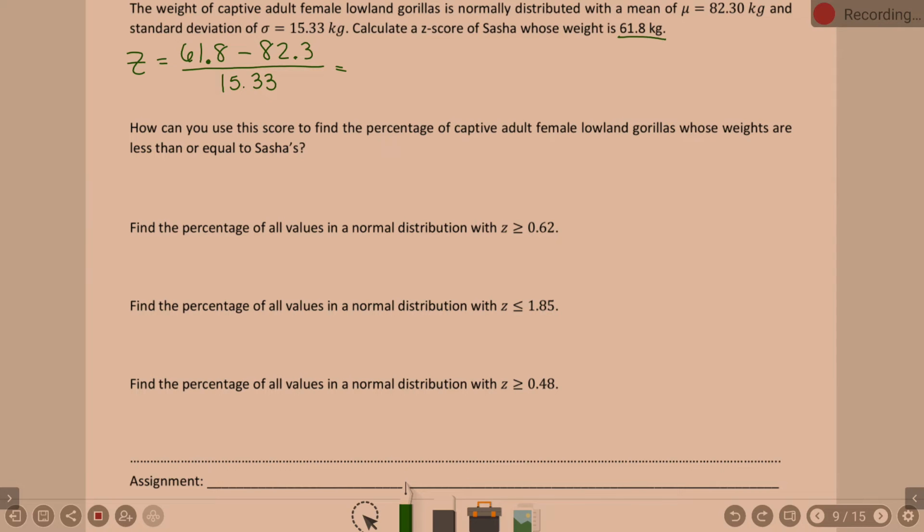When you subtract on top, it's negative 20.5, and then you're dividing by 15.33, which is that negative 1.3372472228 my calculator gave. I'm going to go 2 decimal places, so I'm going to use a z-score of negative 1.34.